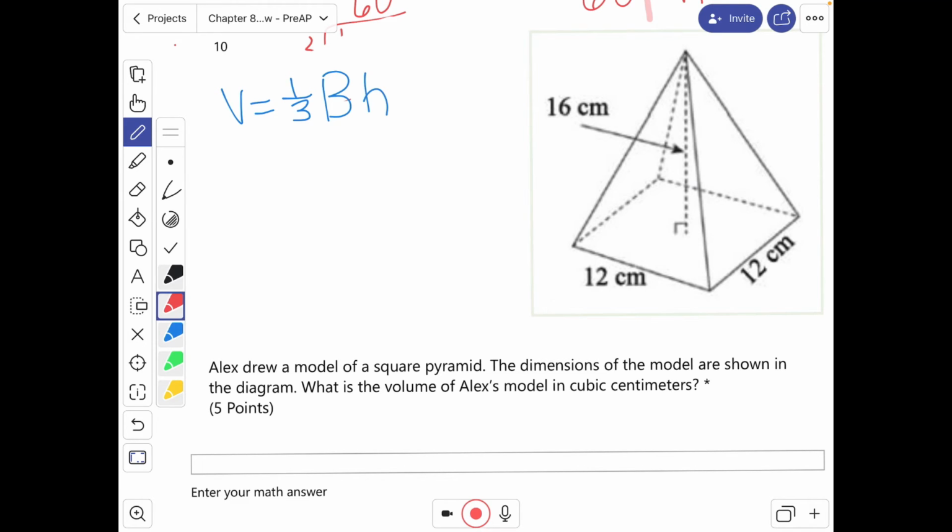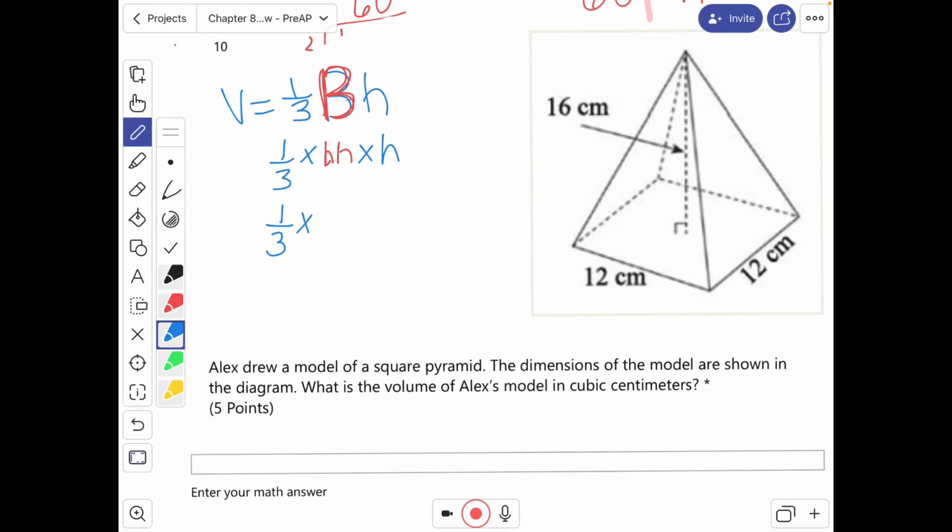And this time they did not give us the area of the base, so we are going to have to plug in a formula for the big B. And it's a square, so that formula is base times height, or length times width, still times the height, and still times 1/3.